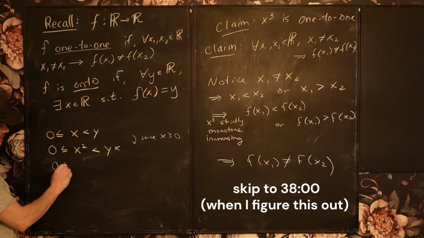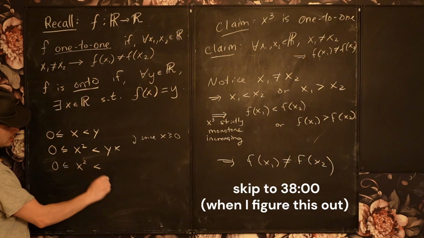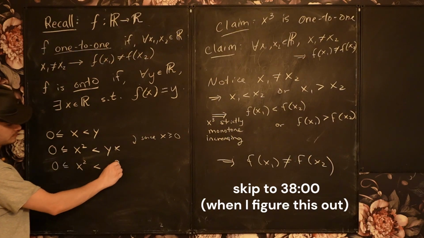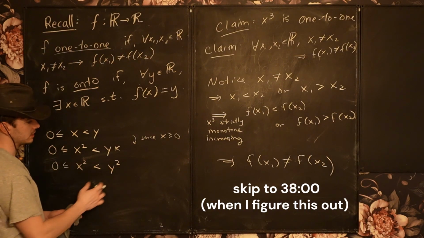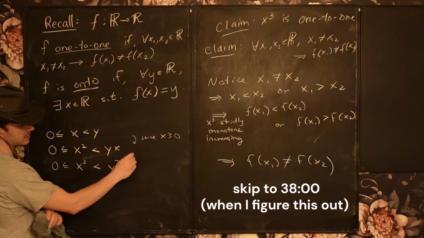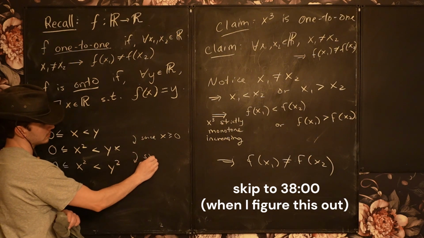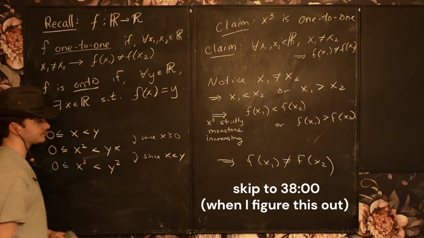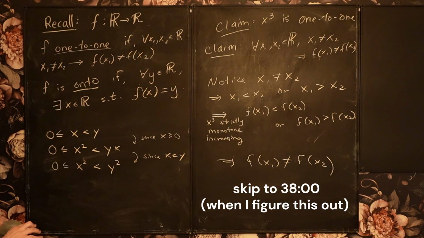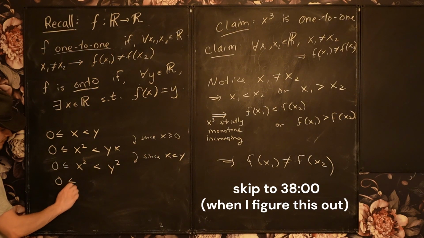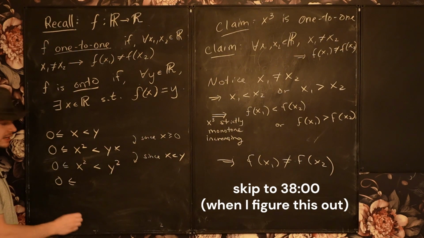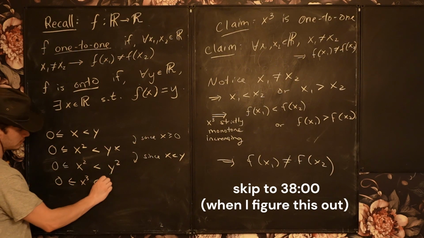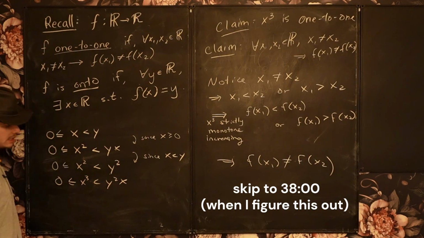So I know that 0 is less than or equal to x squared is less than y squared, since x is less than y. Okay, so now we can just repeat the same process one more time and multiply this inequality by x, giving y squared x, and then y squared x.